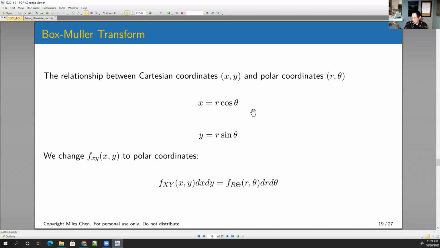To change variables, you take the joint function of x, y, dx dy, and it has to equal the joint function of r and theta, dr d theta. As these things change with respect to x and y, they're also going to change with respect to r and theta.